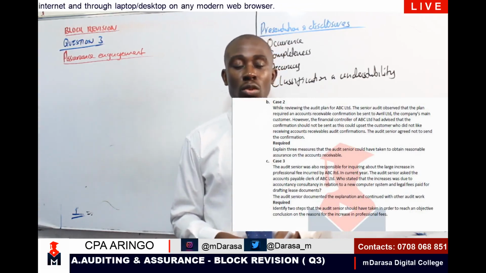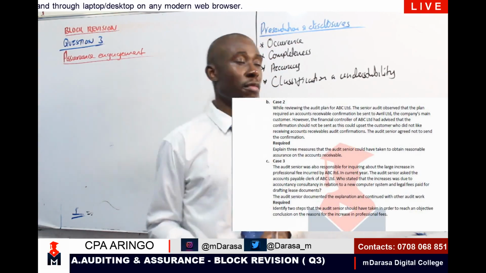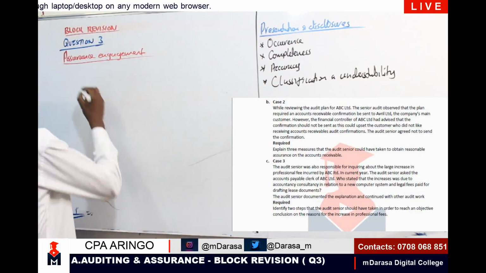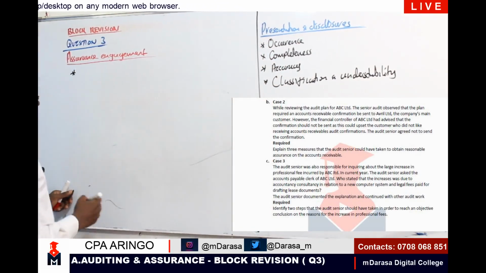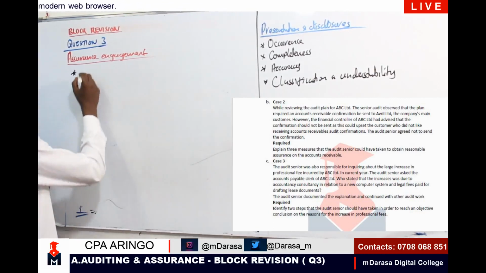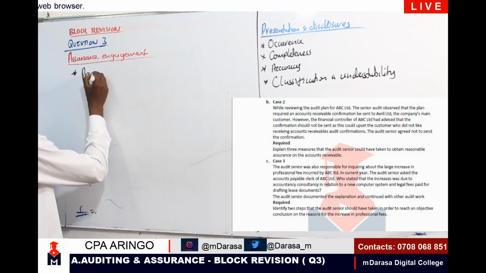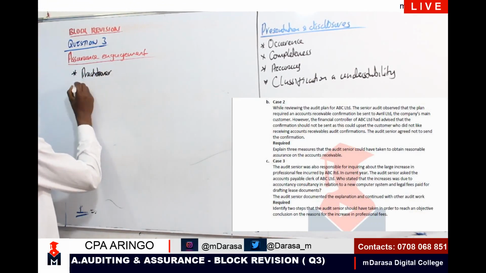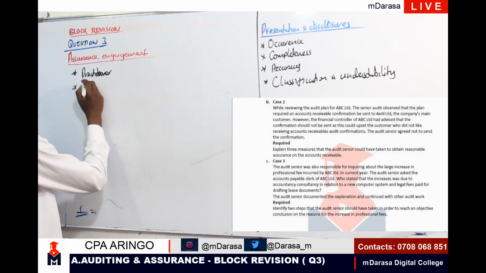So at this point, we are talking of assurance engagement. If you ask of the elements, of course, you're talking of a three-party relationship, which includes a practitioner.